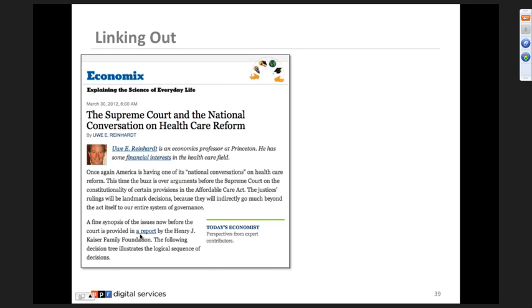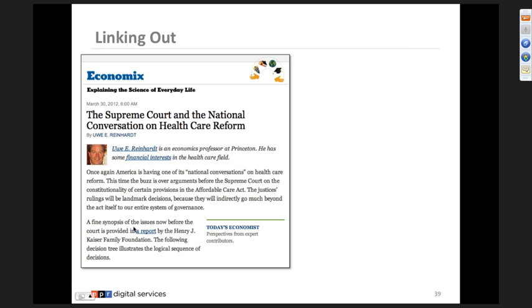And also, how you link is important too. Here, this contributor linked to the words "a report." Linking is used as a highlighting tool. It's also used to help with search engine optimization.